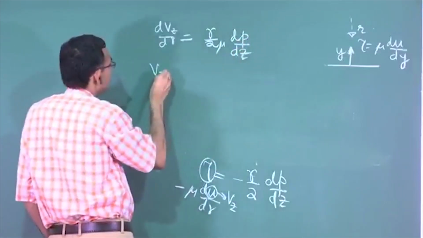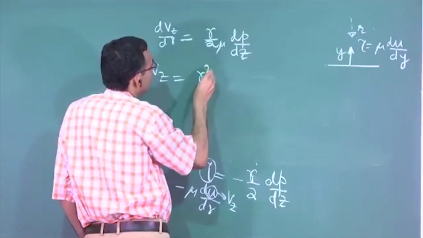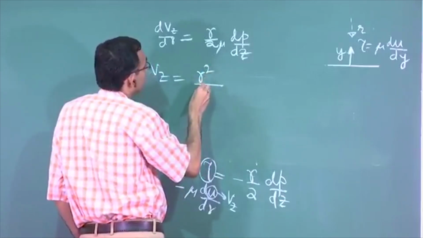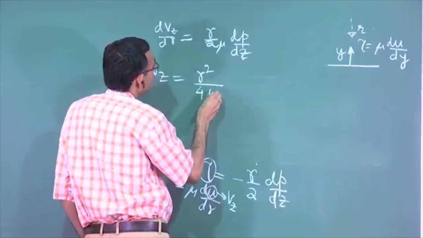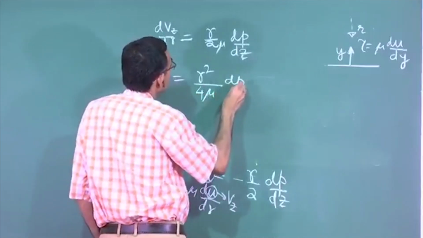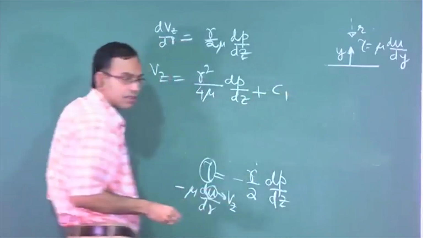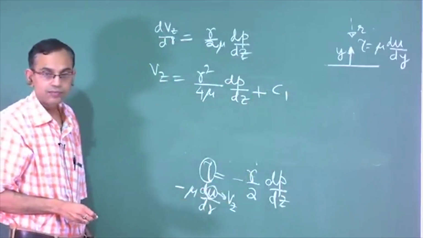If you integrate this once more, Vz is equal to r square by 4 mu dp dz plus a constant of integration C1.